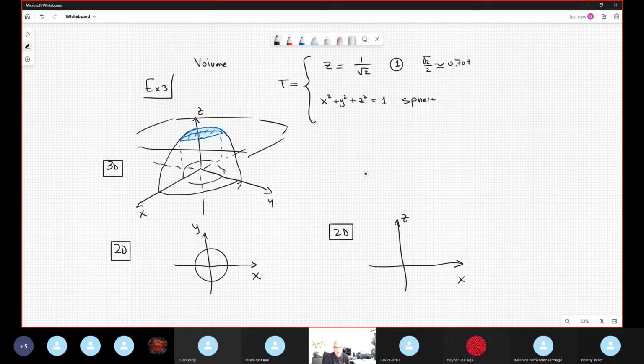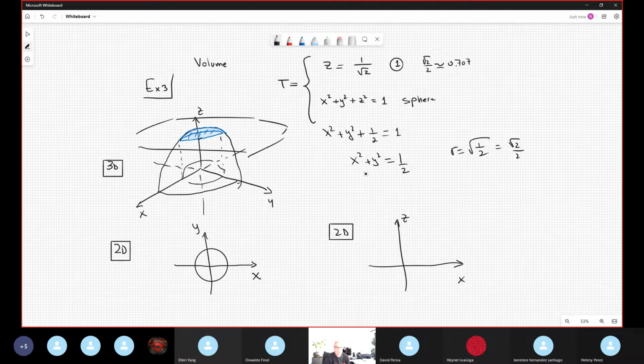Look, manipulate the equation. No? z is equal radical 2 over 2. When you square, you have x squared plus y squared plus 1/2, no? Equal 1. Therefore, x squared plus y squared is equal to 1 minus 1/2, which is 1/2. Now the radius is square root of 1/2, which is radical 2 over 2.